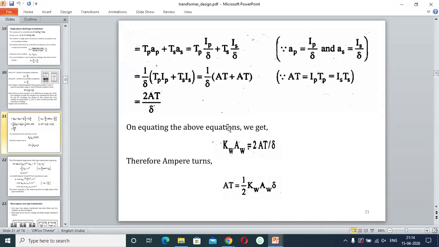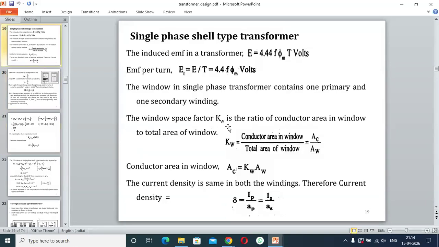And if you equate this to the above equation, when we calculate the total window, its conductor area in the window, how much conductor area in the window we will require. So this is KWAW, where KW is the ratio and AW is the total window area.